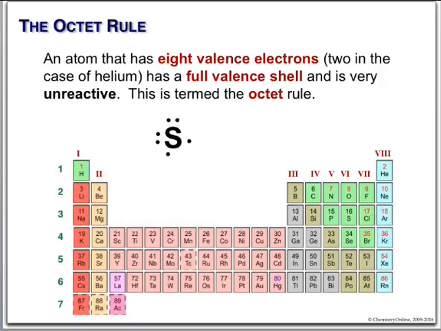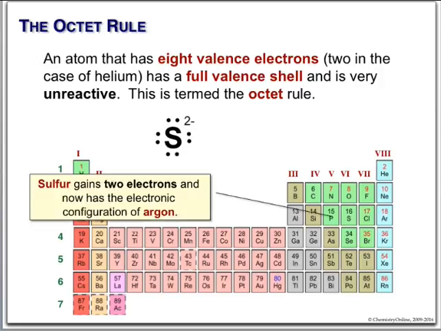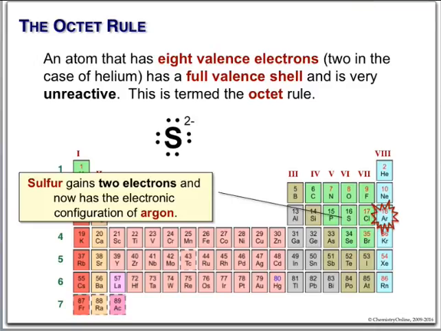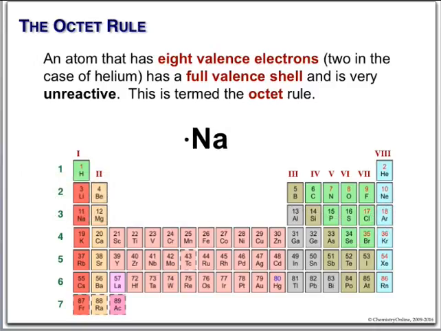For sulfur, we added 2 electrons. It's here in group 6. And once again, we move from here over to the configuration of argon. For sodium, we started here in group 3 and we took 1 electron away.